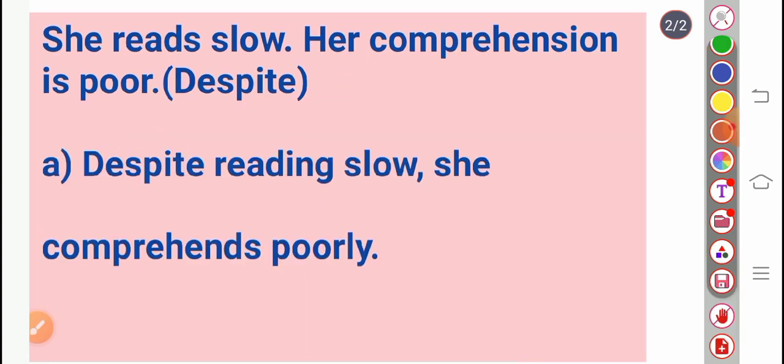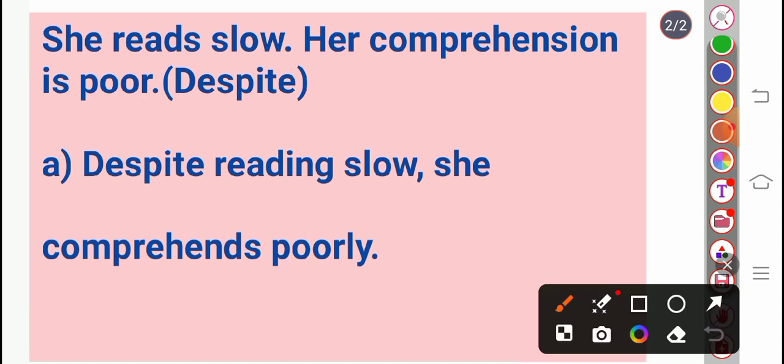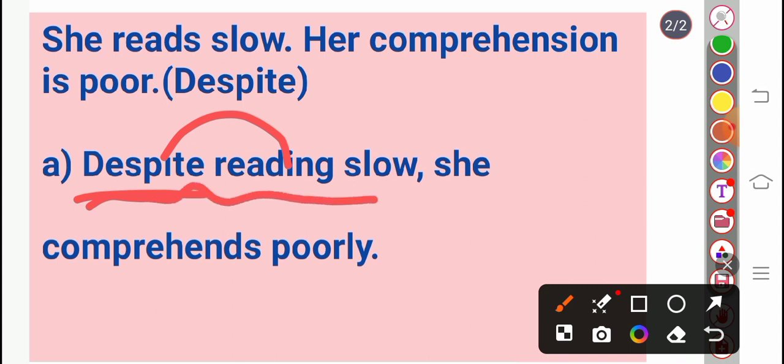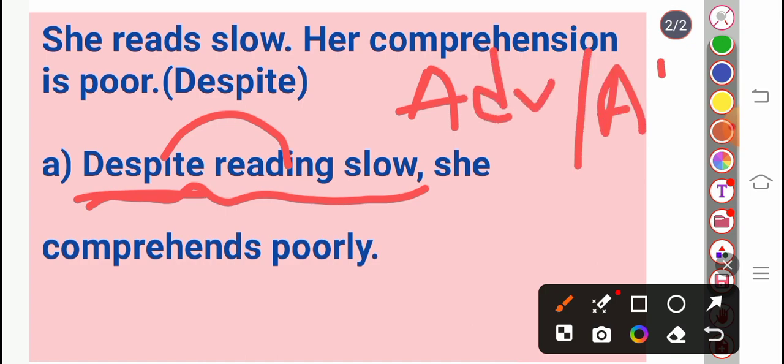Here you can see I have written the answer. Look, despite is the preposition, reading is the object of this preposition. So this part is a prepositional phrase which may act as an adjective or adverb in the sentence. Now here, this is the principal clause.